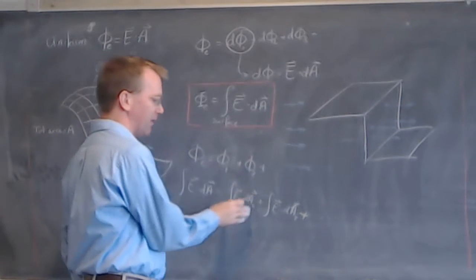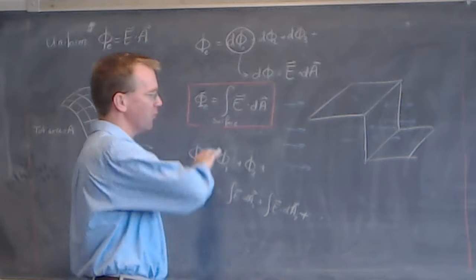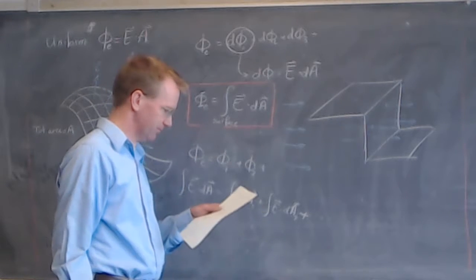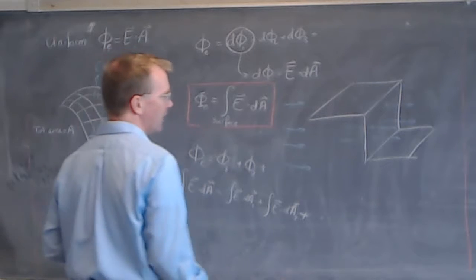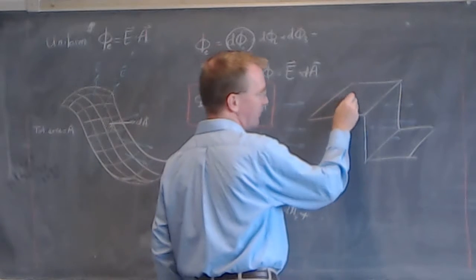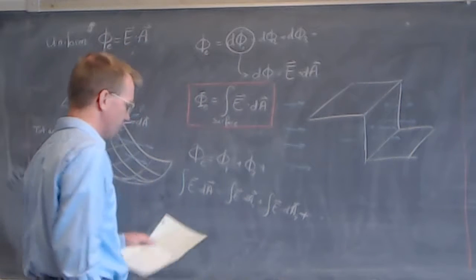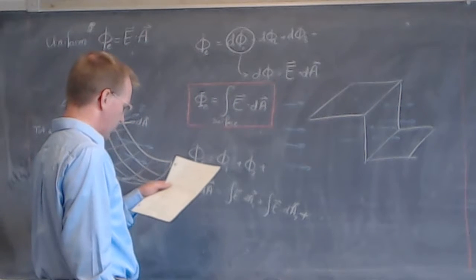So break these up into surface integrals over well-defined regions that you can handle at a single interval. And of course, you know that this flux is going to be 0, that flux will be 0, and this will be EA for surface 2.